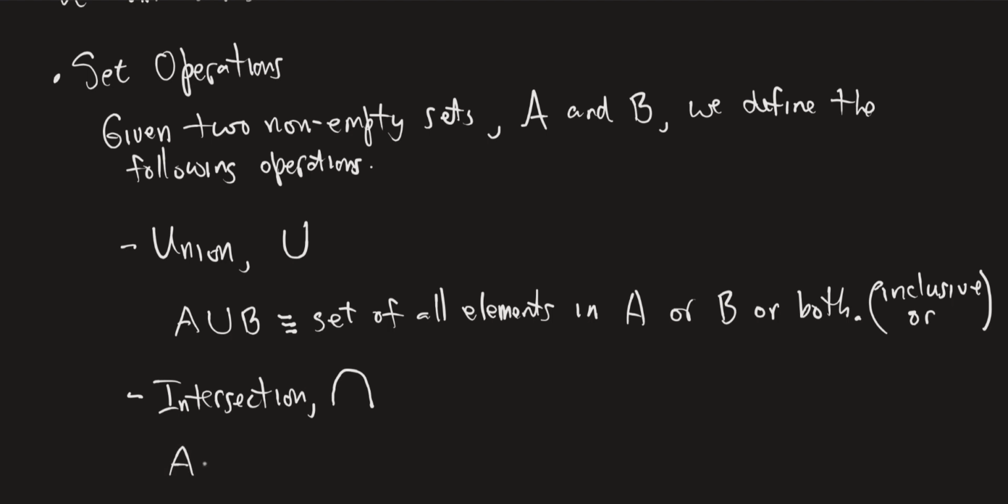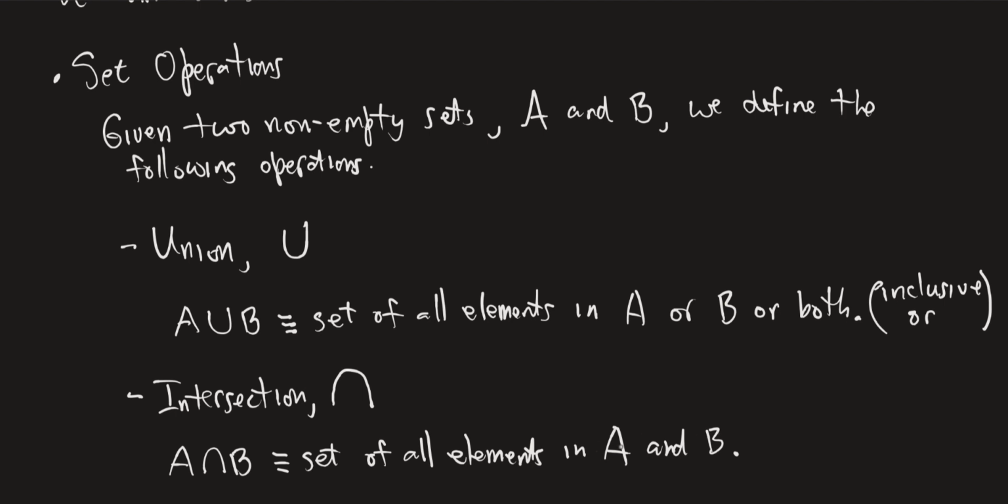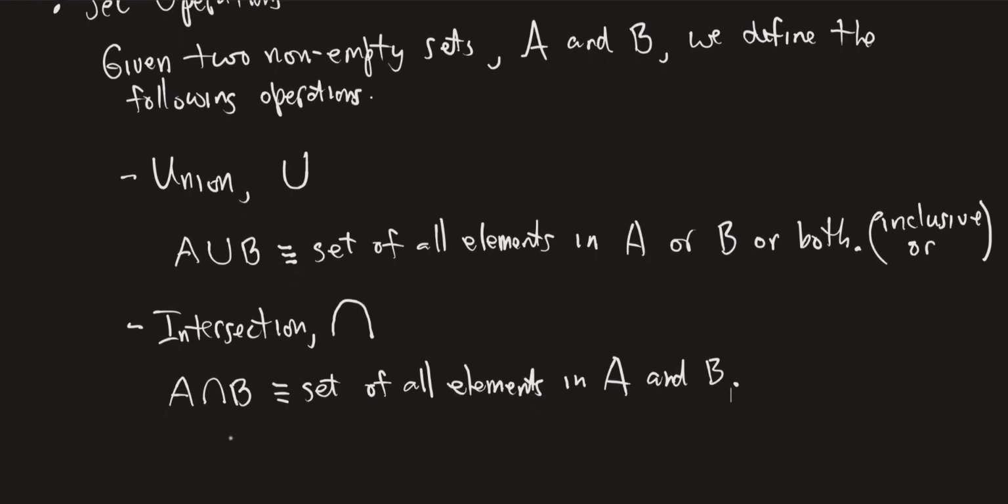A intersect B produces another set, and it is the set of all elements that are in A and B, right? So they have to be in both. Essentially the intersection produces another set that has all the elements that are common to both A and B. So again, very simple operation.